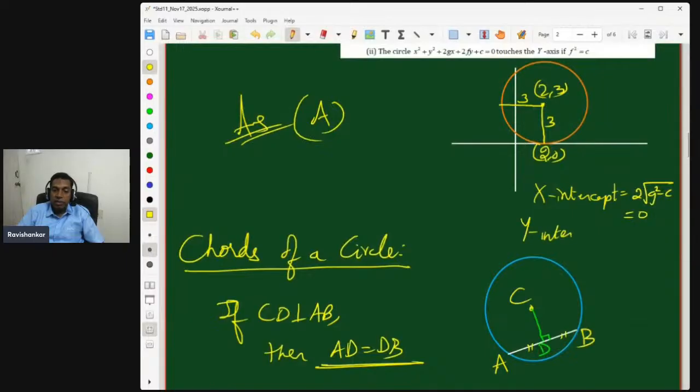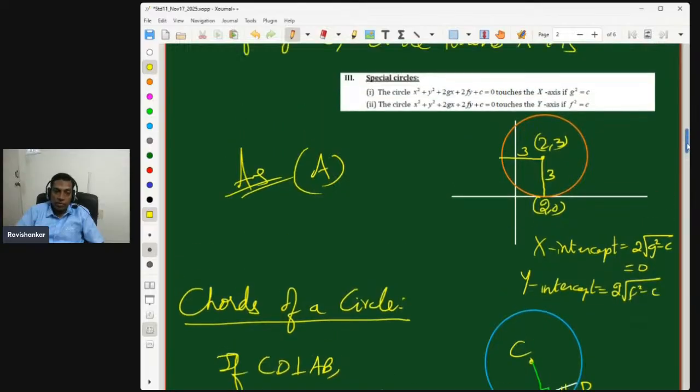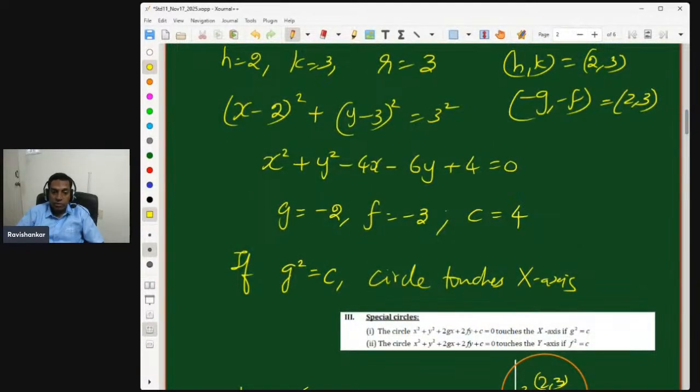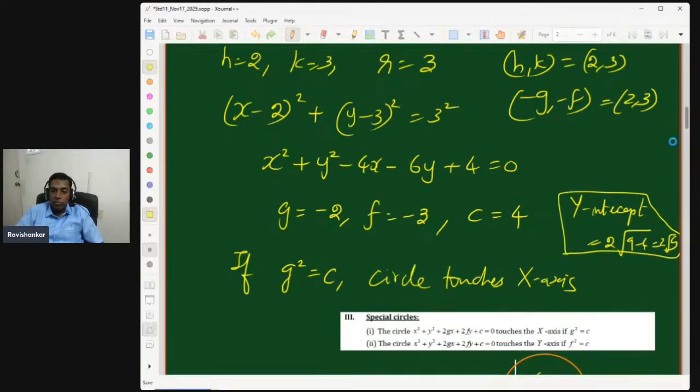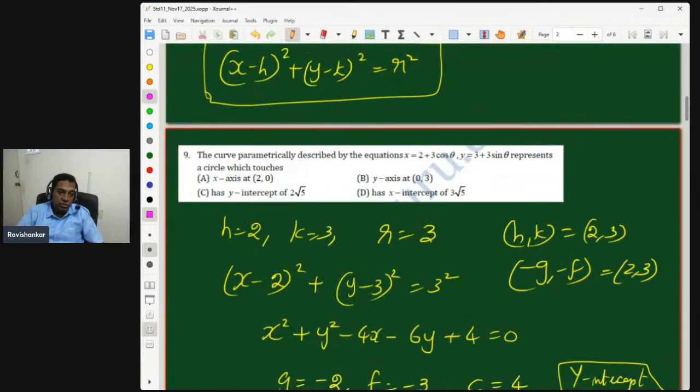The y-intercept is 2 root(f squared minus c). So the y-intercept is 2 root(9 minus 4), which is 2 root 5. So that means this could have been a JEE Advanced question. So A is also correct. Those who wrote C for question 9 are also correct. I see very few people. Most people picked only A, but I see a few people who picked C.